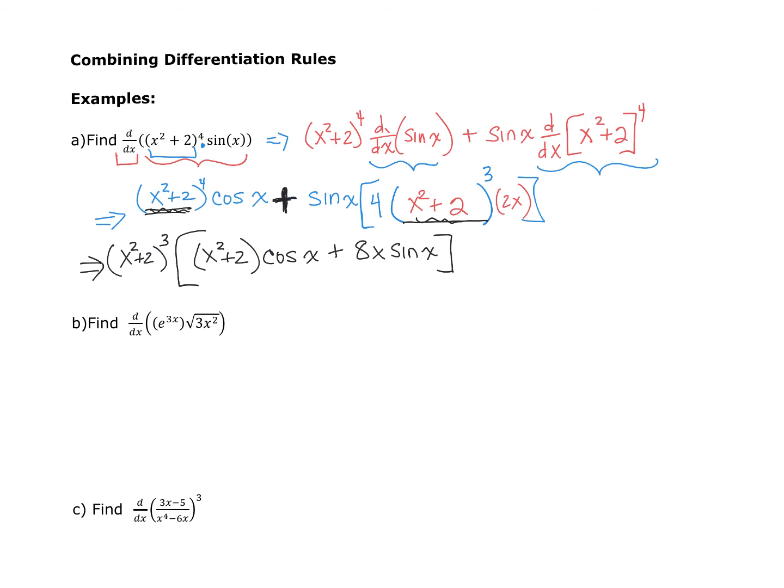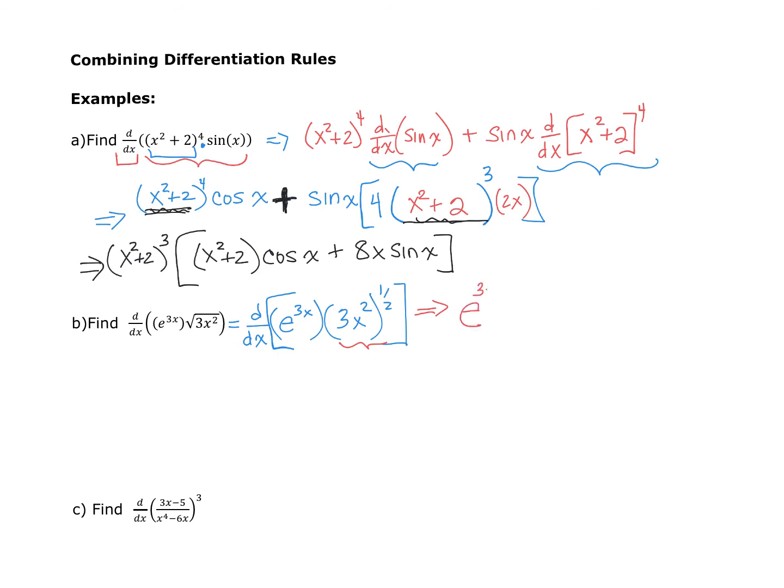For this next example, I first want to rewrite this one as e to the 3x times 3x squared to the 1/2, because I know I can use my power rule. So now I'm going to take the derivative. I didn't take a derivative here, I just wrote this as a power. It's also a product rule.